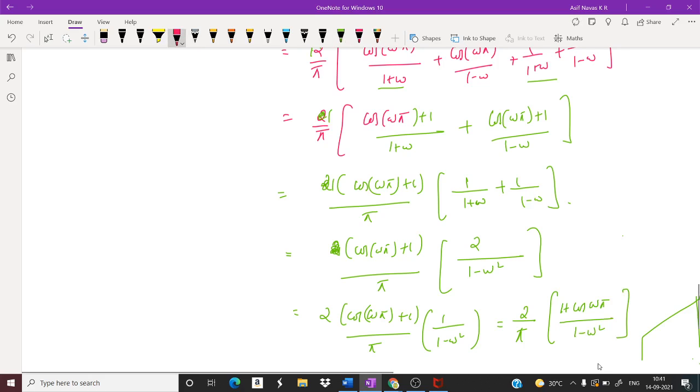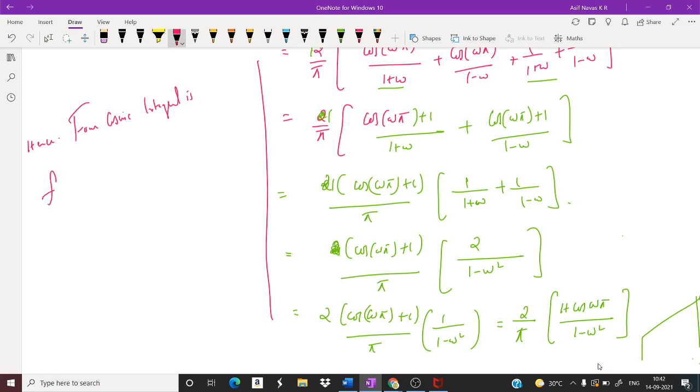Hence the Fourier cosine integral is f of x equal to integral 0 to infinity of A of omega, that is 2 by pi times 1 plus cos omega pi divided by 1 minus omega square, times cos omega x d omega.